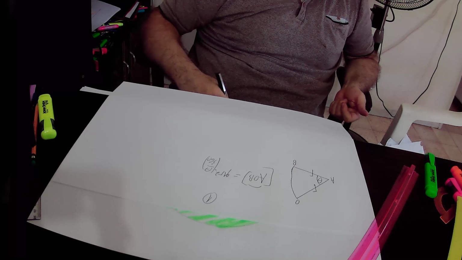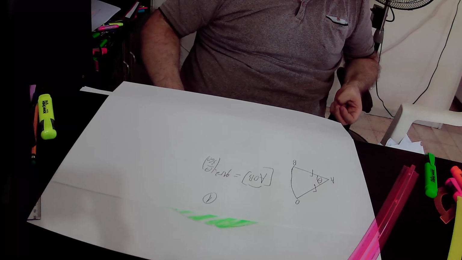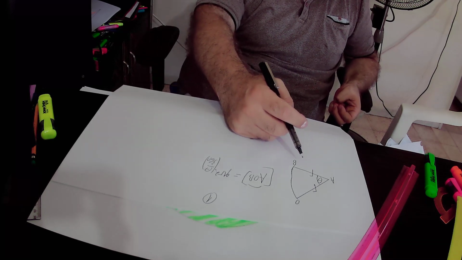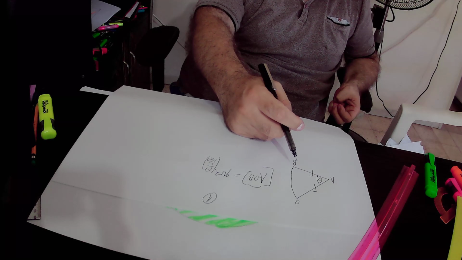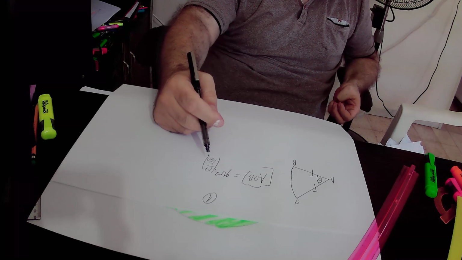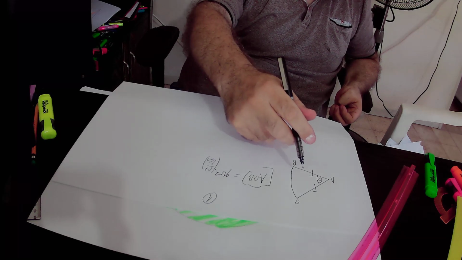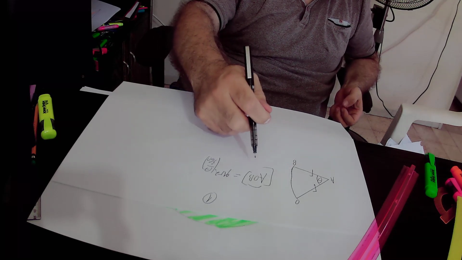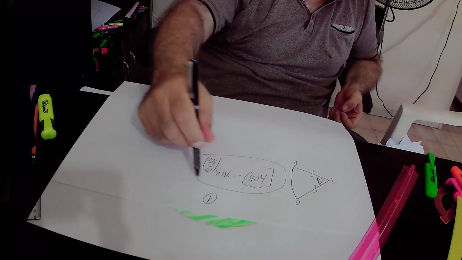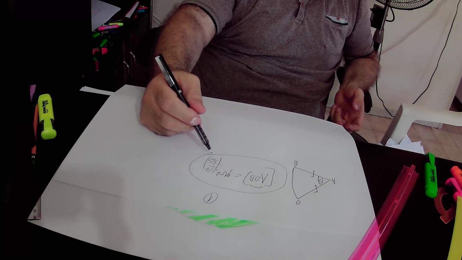The ratio of theta over 360 degrees gives us the relative percentage that this sector occupies out of the whole circle, and when we multiply this percentage by the area of the entire circle, we will get exactly the area of the sector, sector A or B. So the area of the sector A or B equals pi r squared, that is the area of the circle, times theta over 360 degrees.